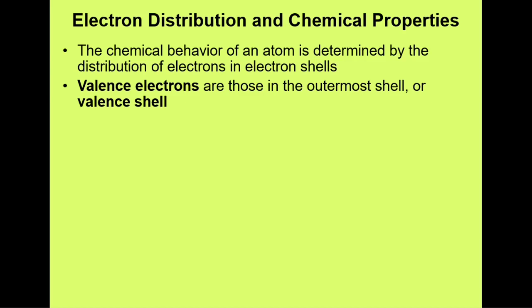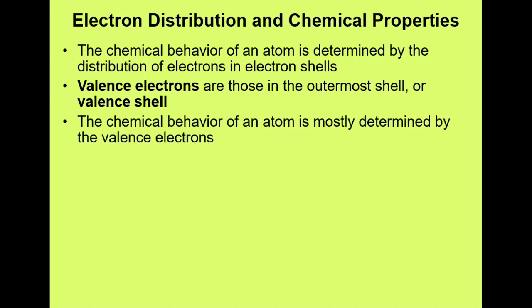As we'll look at in a moment, electrons are arranged to fit into different shells. The outer shell is always referred to as the valence shell, and the electrons that fit into that shell are referred to as valence electrons, and it is those valence electrons that will determine the chemical behavior of the atom. I just said valence an awful lot.